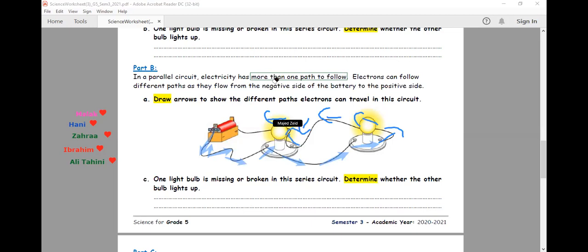Okay, bravo. This is the first pathway. Mahdi, show us the second pathway. Bravo, Majid. This is the first one. Please, Mahdi, if you can use another.